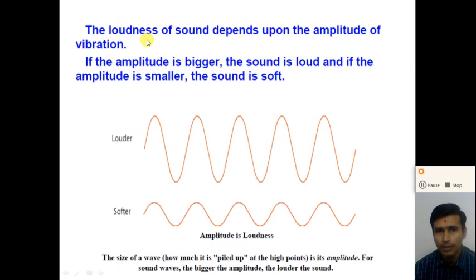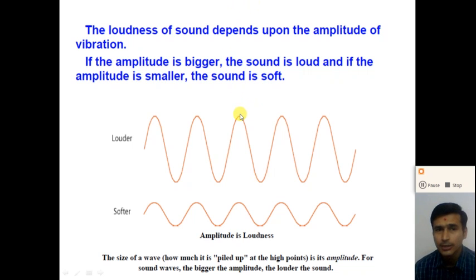So the loudness of the sound depends on the amplitude of the vibration. What do you mean by the amplitude? We will discuss that later in this video. But the loudness of the sound depends on the amplitude of the vibration. If the amplitude is bigger, the sound is loud, and if the amplitude is smaller, the sound is soft, right?